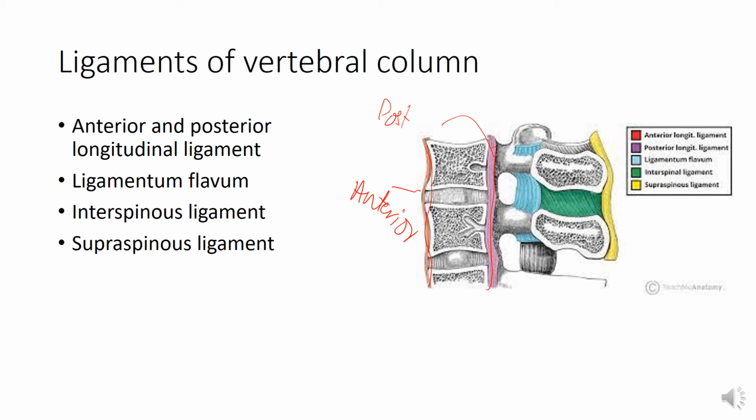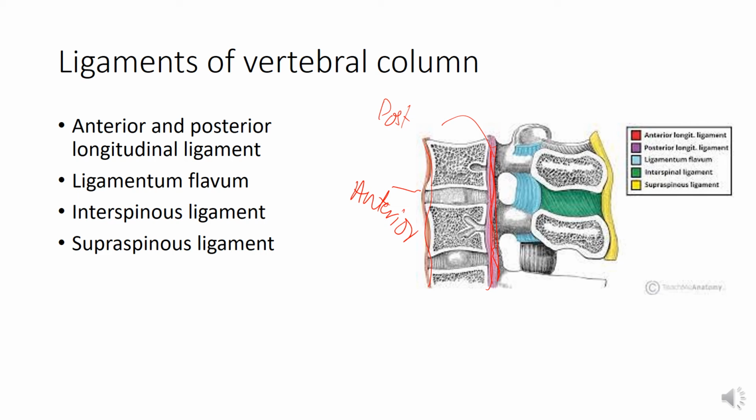The anterior longitudinal ligament extends the whole length of the column and lies in front of the vertebral bodies, while the posterior longitudinal ligament lies inside the vertebral canal and extends the whole length of the vertebral column in close contact with the posterior surface of the bodies of the bone.